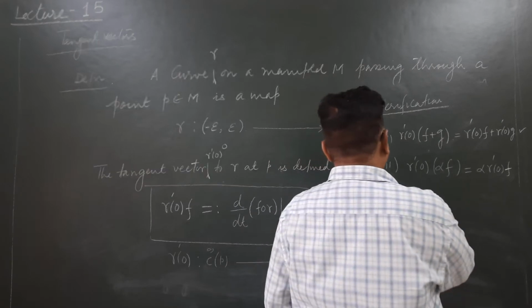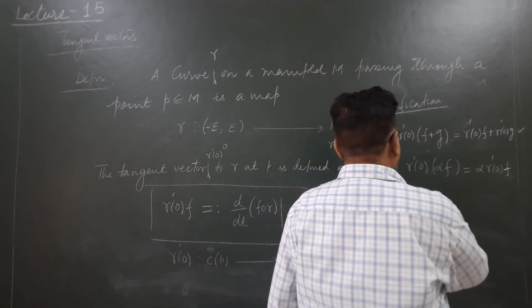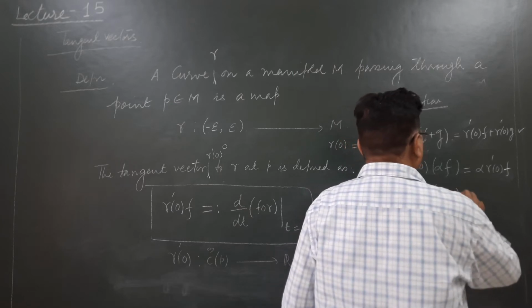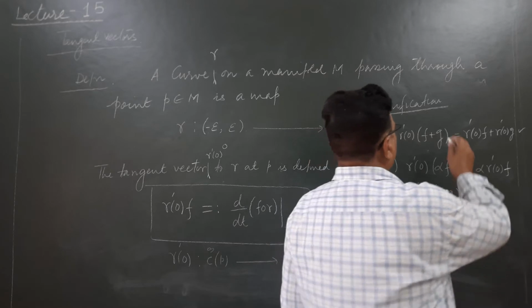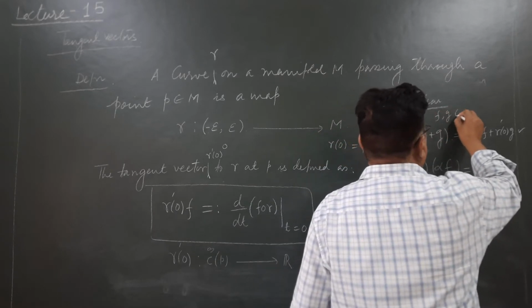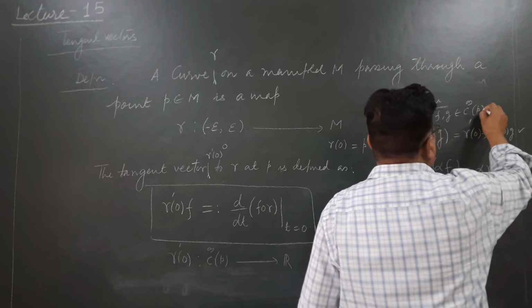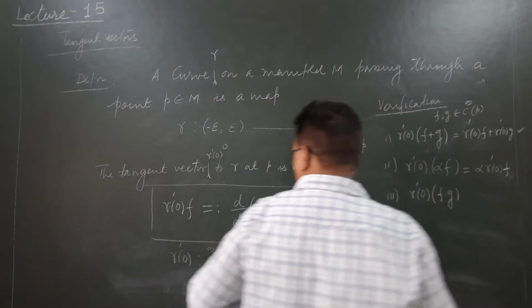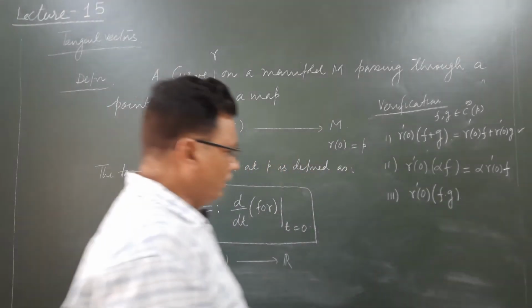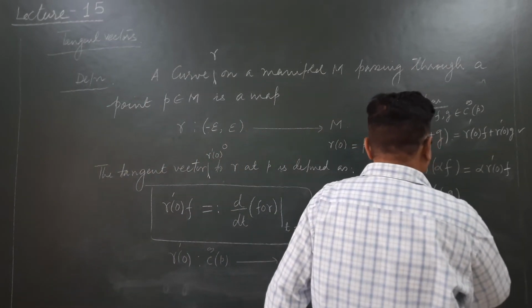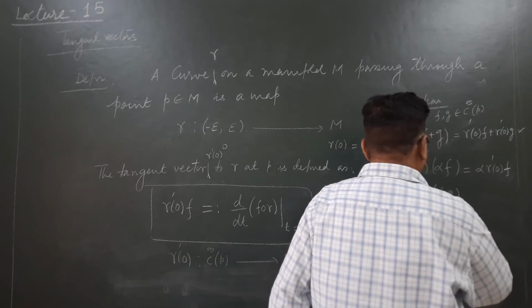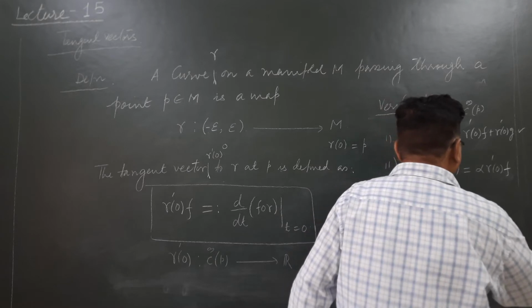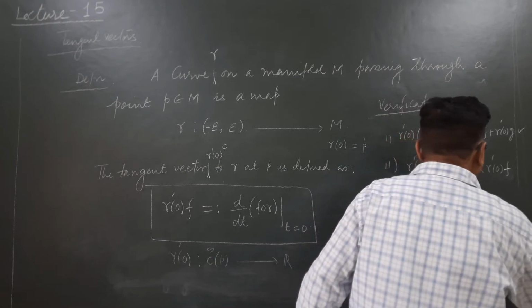Now the third property is the Leibniz property. So I will start with the product of two functions f into g. Here f and g I am choosing from C infinity(p). That is understood, okay? And now by box definition, it will be equal to gamma dash, dy dt of f into g composition gamma at t equal to 0.